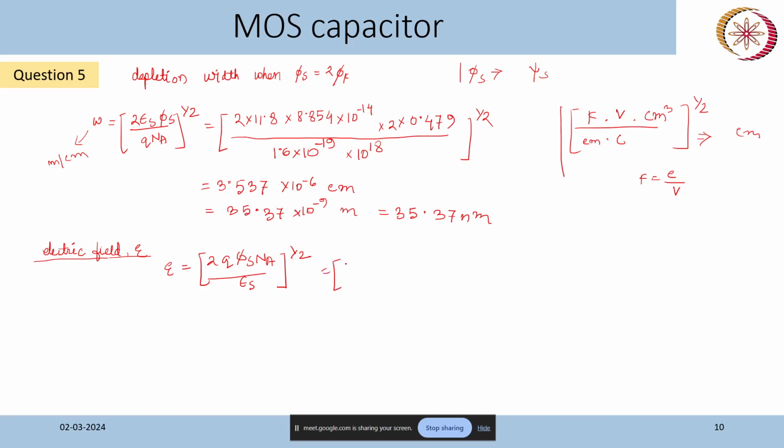So this will be 2 times 1.6 into 10 to the power minus 19. Psi s is 2 phi f, so 2 into 0.479. Na is 10 to the power 18.